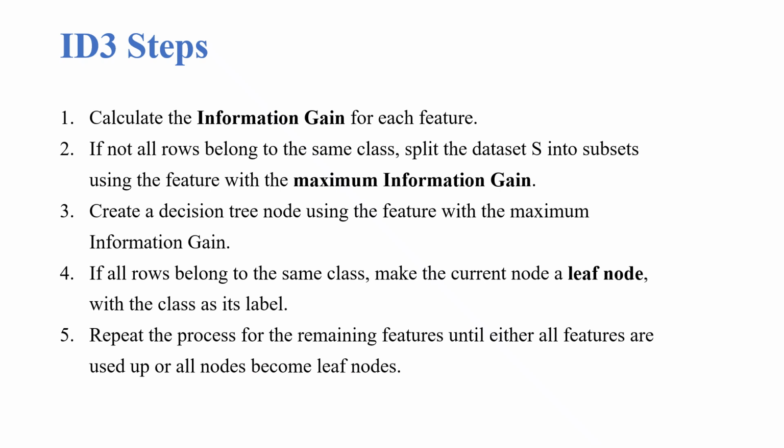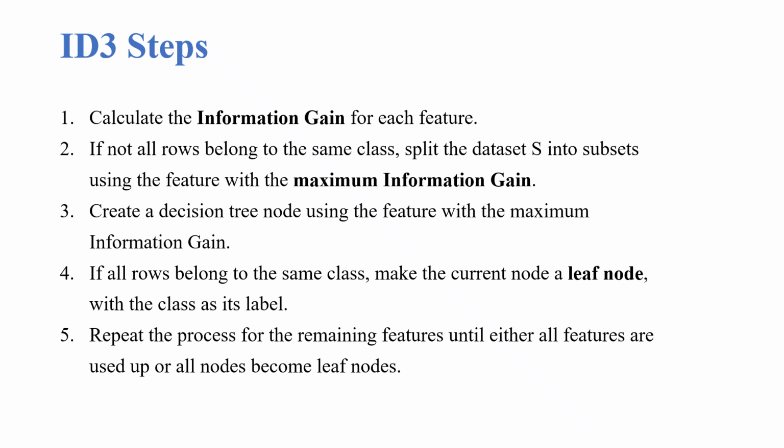ID3 steps. The first step: we need to calculate the information gain for all features. If all the rows do not belong to the same class, then split the data set into subsets using the feature with the maximum information gain.